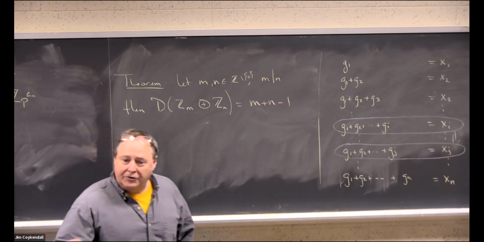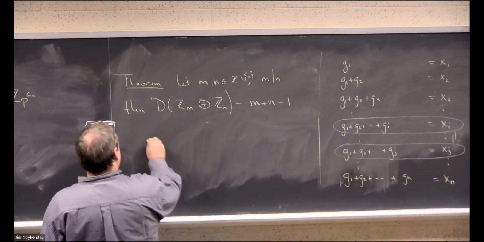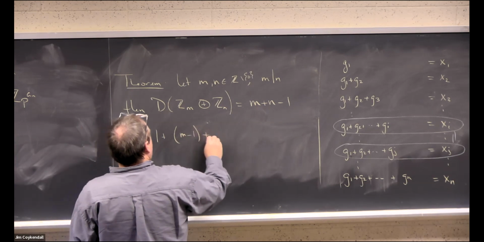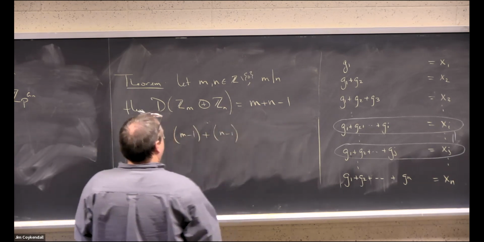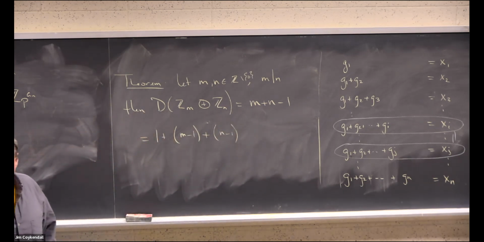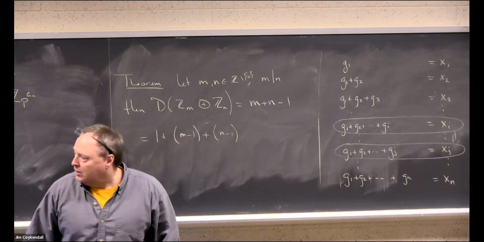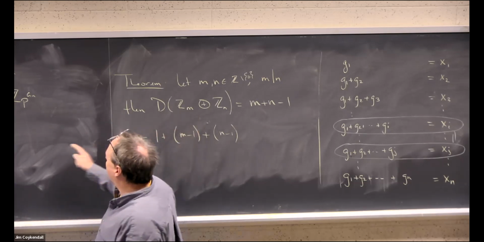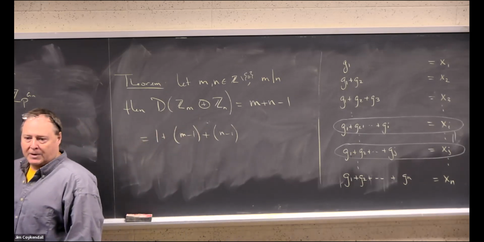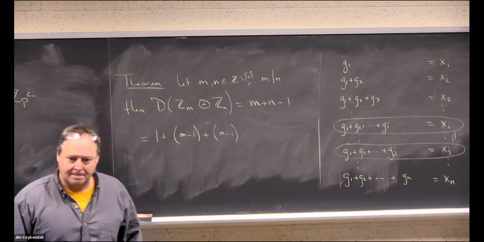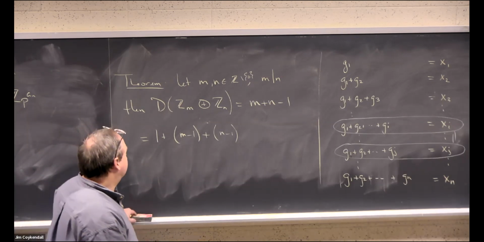And let me point out that this is the same formula, because this can be written as 1 plus m minus 1 plus n minus 1. So the pattern, I think, is clear in these last two theorems. You just take the direct summand parts, subtract 1 from the order, add them all up, and then tack on 1 for good measure. Okay.